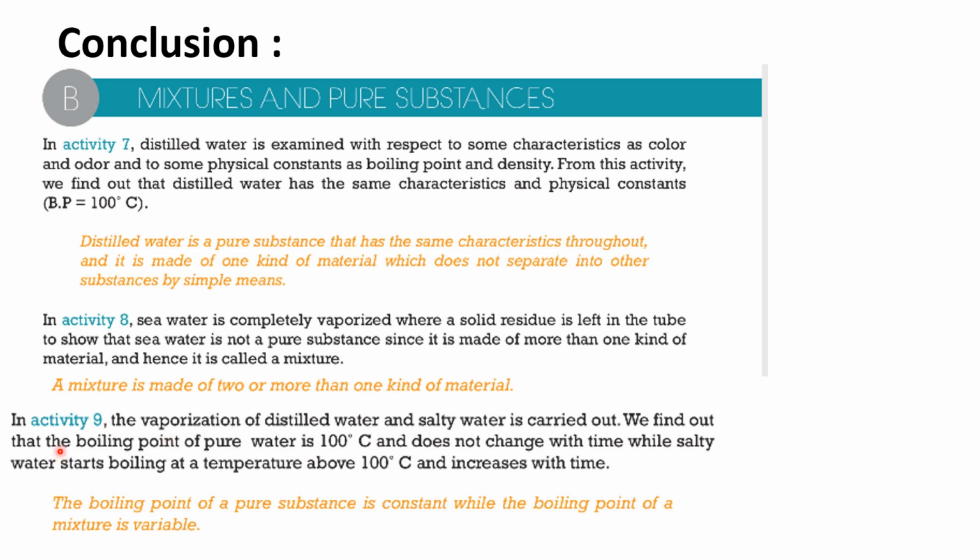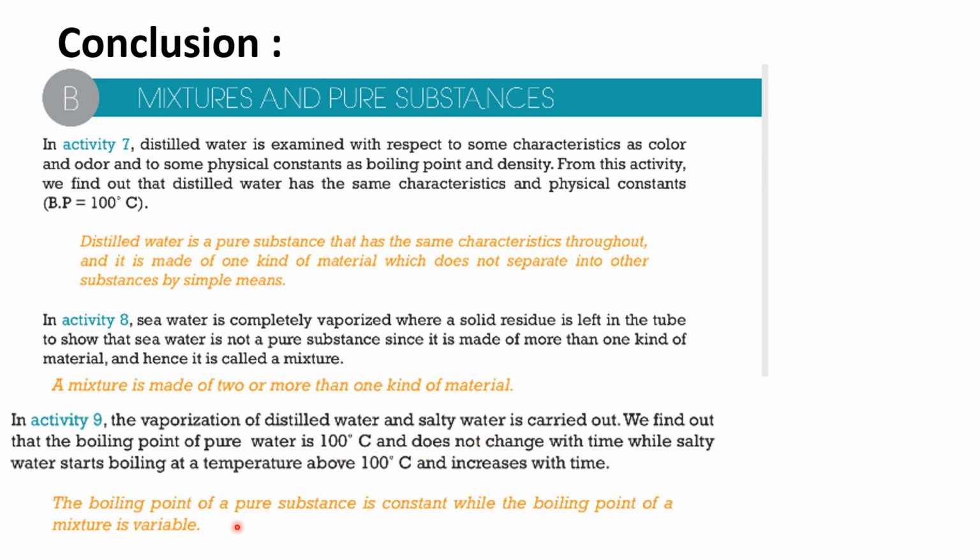In activity 9, the vaporization of distilled water and salty water is carried out. We find out that the boiling point of a pure water is 100 and does not change with time, while salty water starts boiling at a temperature above 100 degrees Celsius and increases with time. So the boiling point here is not constant. This is a mixture and its boiling point is not constant.